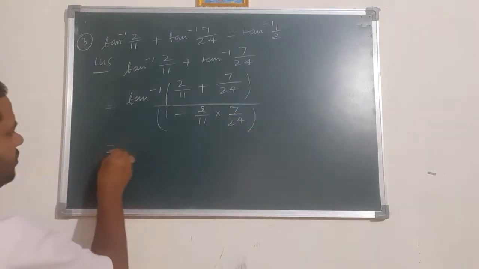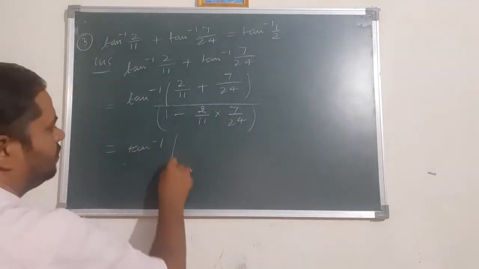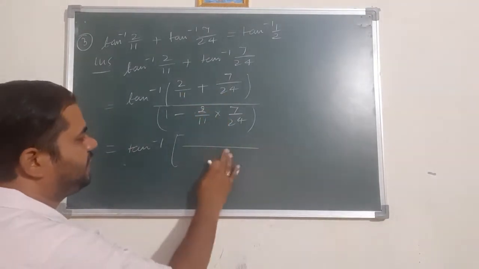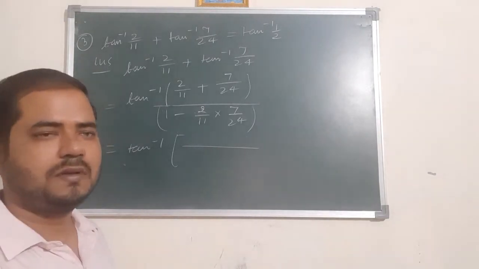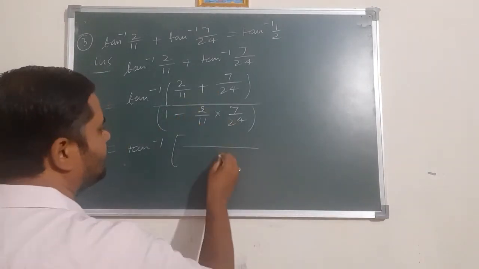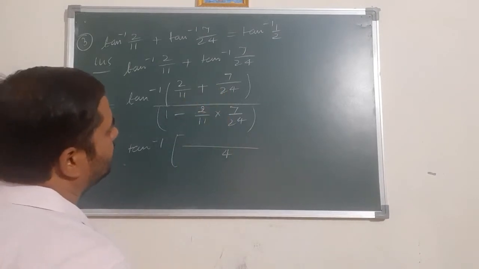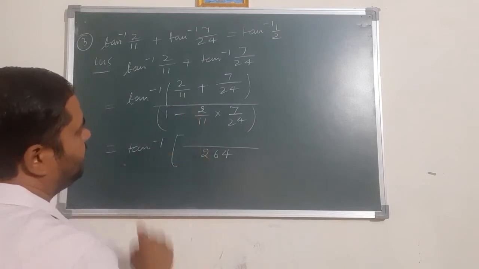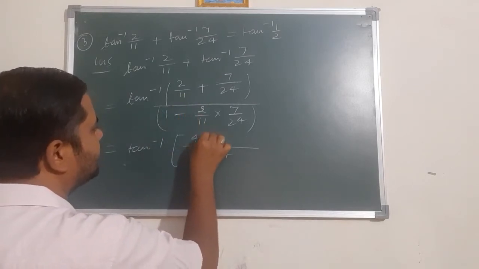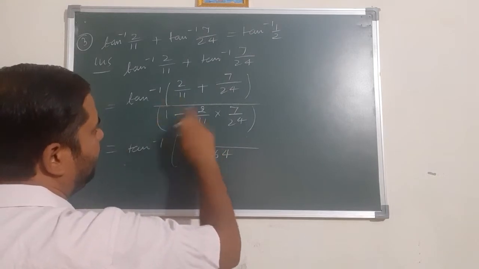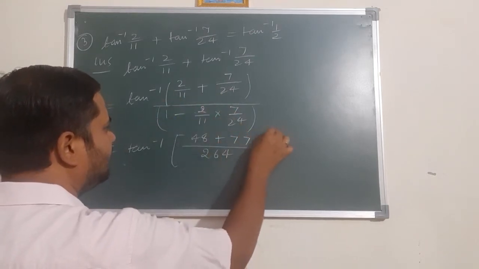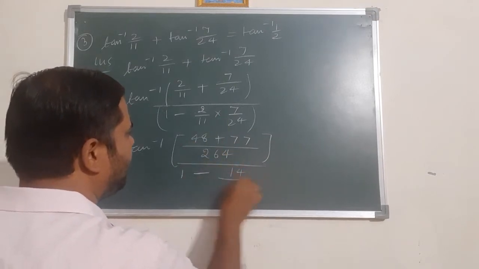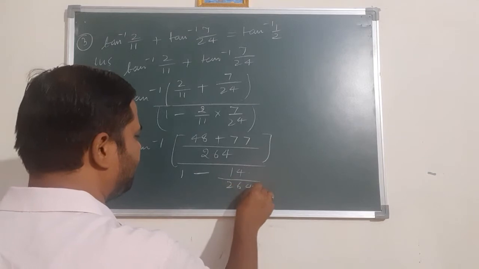Okay, so this is tan inverse of, LCM is 264 here. What is the LCM of 11 and 24? So if you divide 264 by 11 it is 24, so 2 into 24 is 48, and if you divide by 24 then 11 into 7 is 77, and again 1 minus 14 divided by 264.